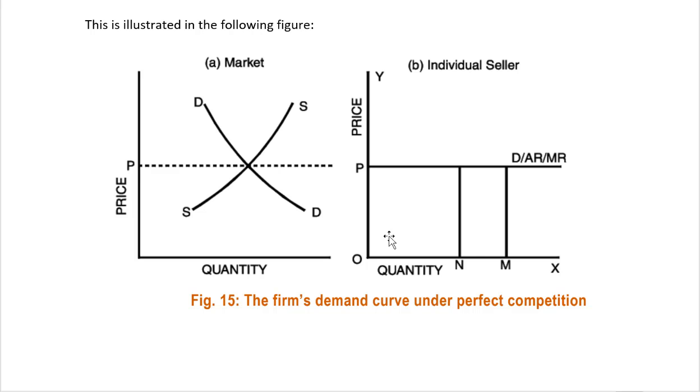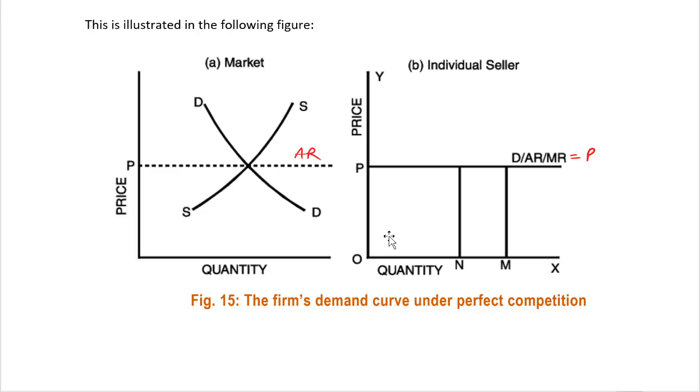Here, the price is also known as average revenue, that is AR, and marginal revenue of the firm. Since the price is uniform, we can say that D equals AR equals MR equals P. That means, for the firm, D equals AR equals MR equals P, and this is for the market.